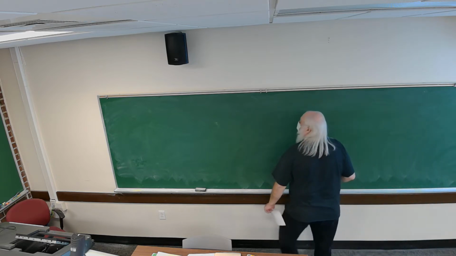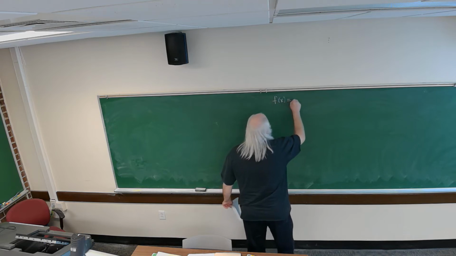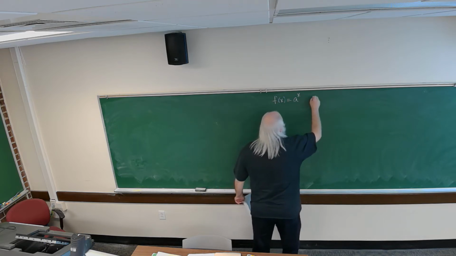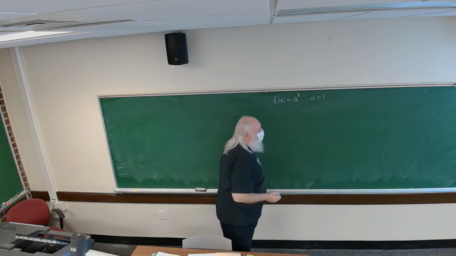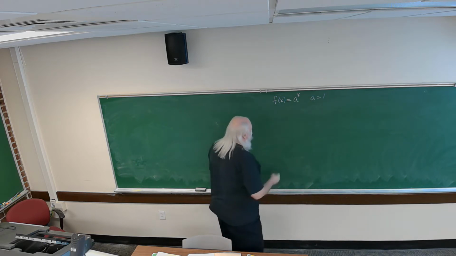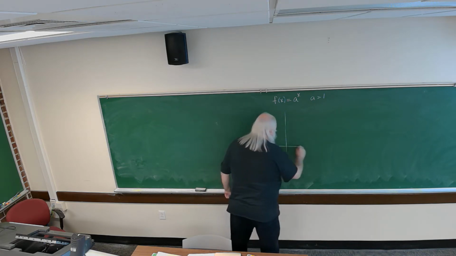Where a is greater than 1. Okay? So we have f of x is equal to a to the x, and a is, right, the base a is a positive number greater than 1. This is like the easiest one to graph. That's why I'm doing it.